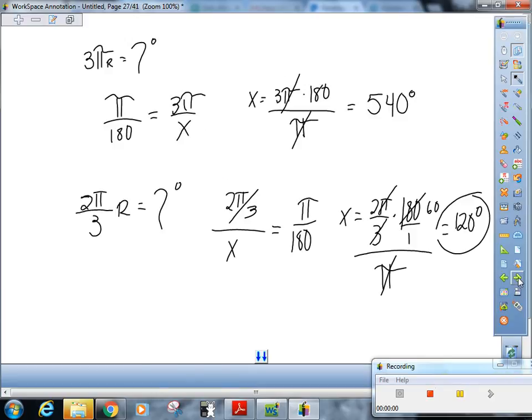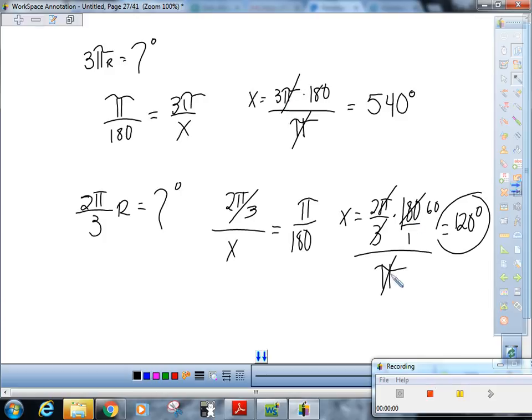And what do we do when we had radians and we wanted to find degrees? We multiplied by 180 and divide by pi.